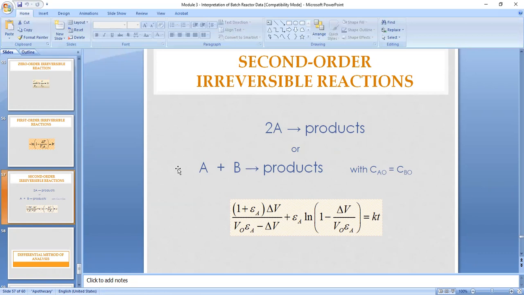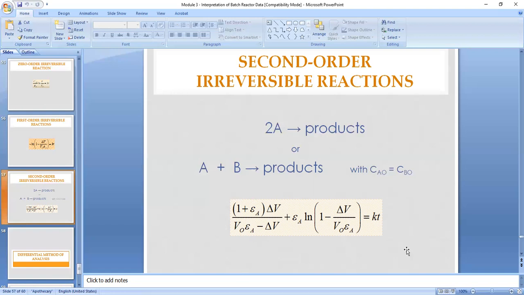If your stoichiometry is A plus B giving you products, but the initial concentrations of your species are not equal, then this particular formula shown here is no longer applicable. So it's only applicable to these two types of second order irreversible reactions. Again, you see here the epsilon_A, just like in the first two formulas for zero order and first order, you see also the change in the volume and the initial volume. This is for a second order irreversible reaction.